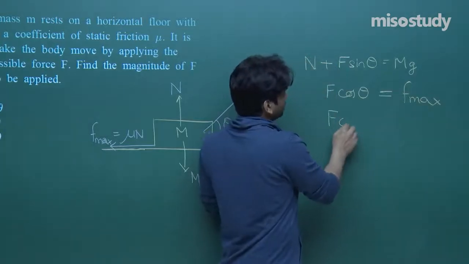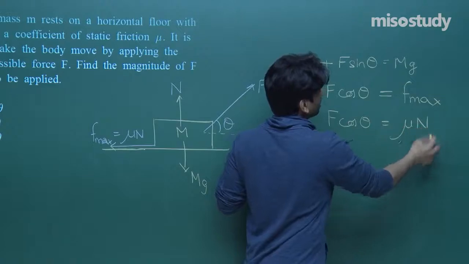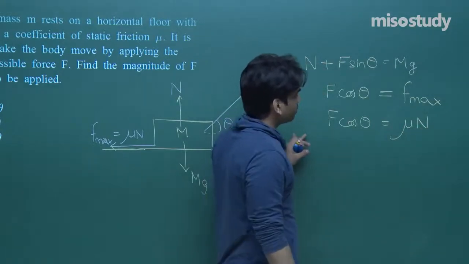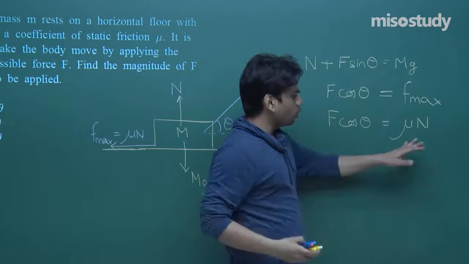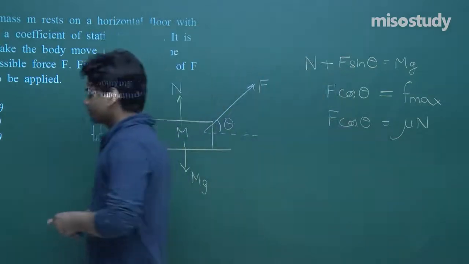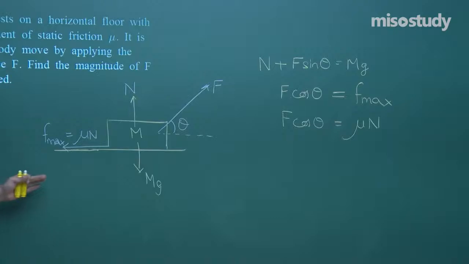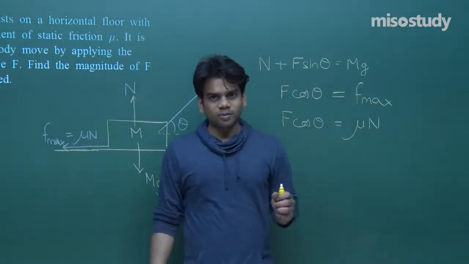So F cos theta should be equal to mu into n. This is the term that we need to refer to in this question. So take note till here. I believe that you would have understood how these equations have been obtained.